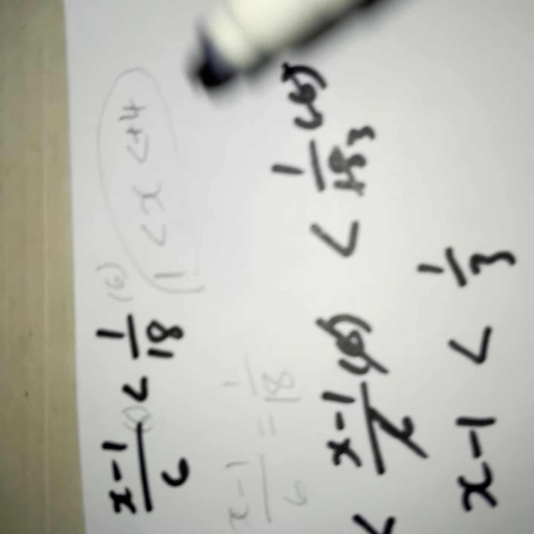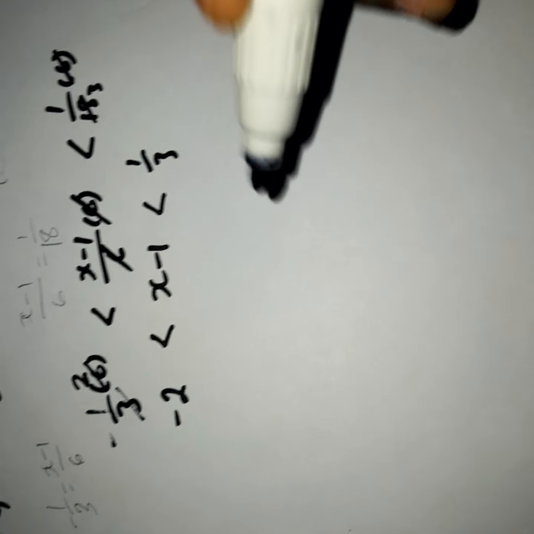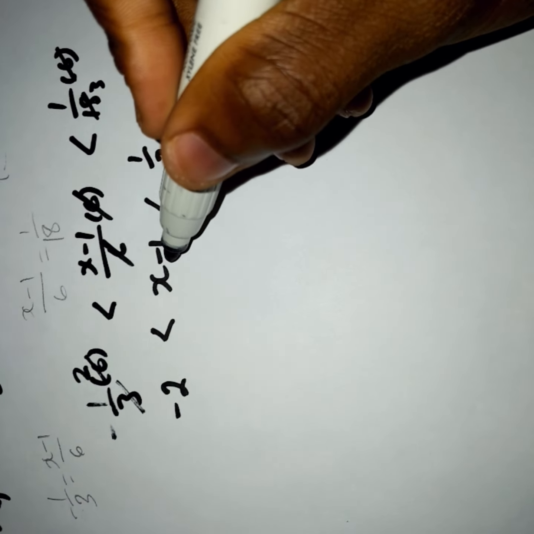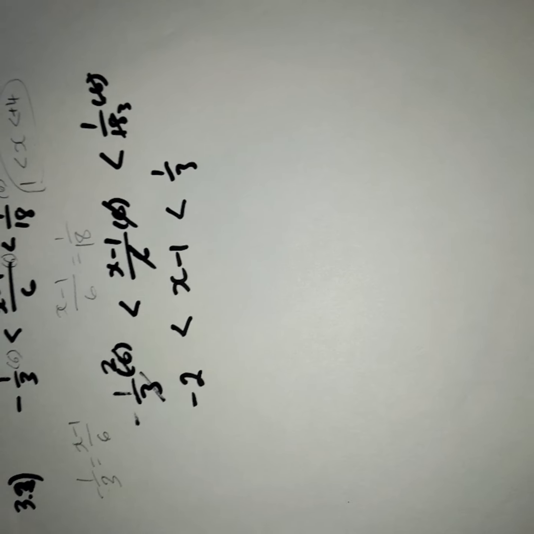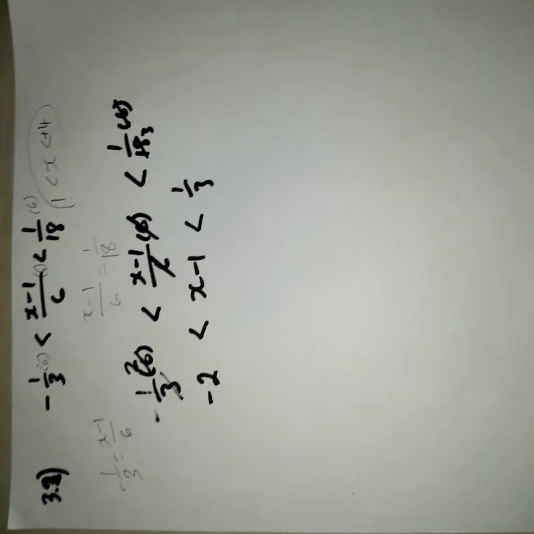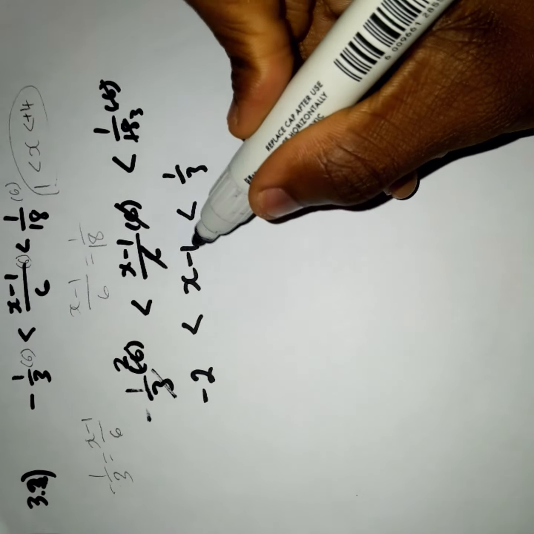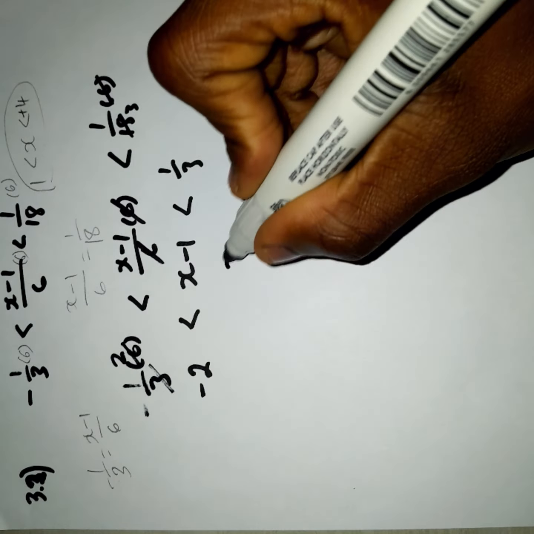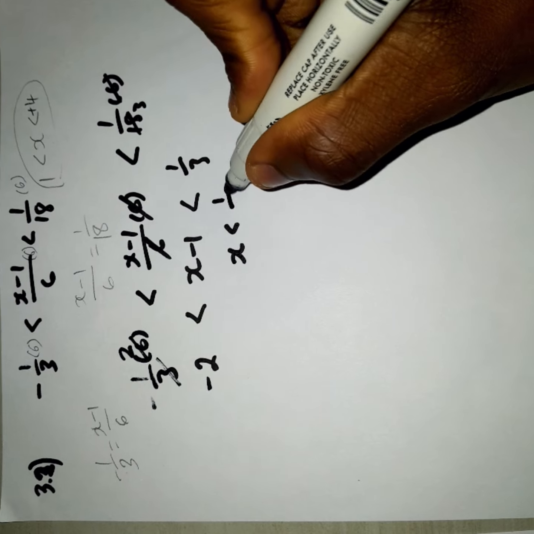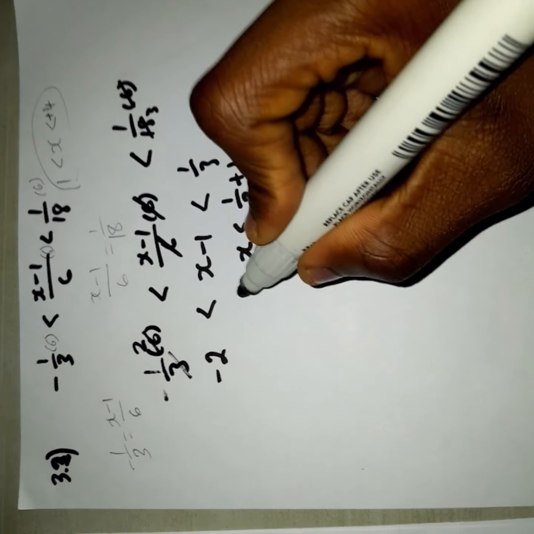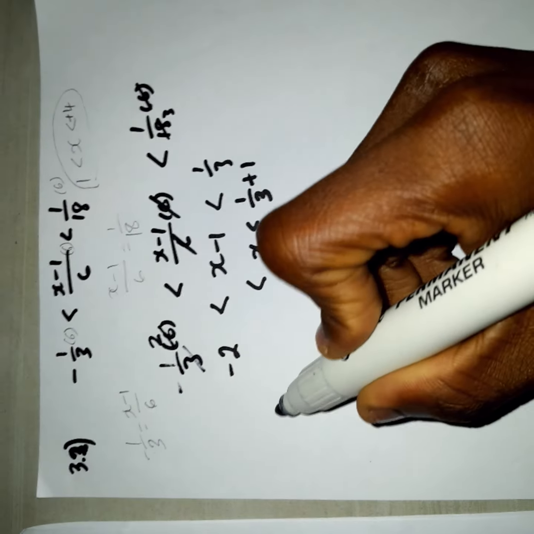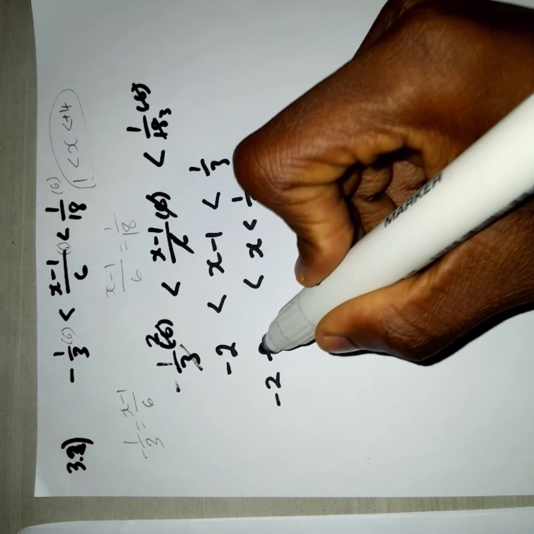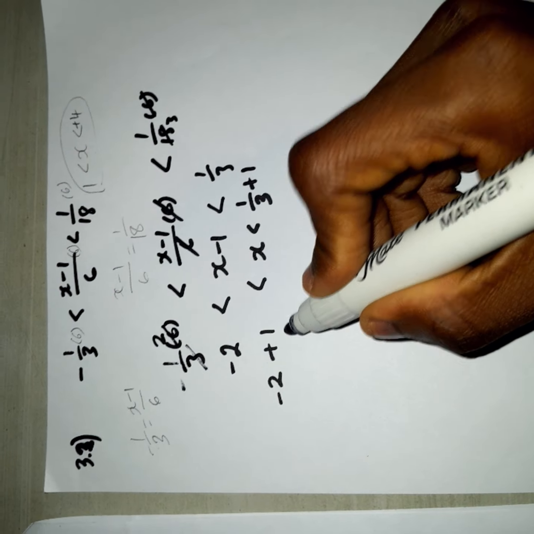So now still it is not in this format here, because x must be the one that is only remaining here in the middle. So now here, what must we do? Remember, you must do this negative 1, when it goes to this other side, it will change the sign. So it will change the sign to be positive 1. Same applies to when it goes to that other side. It must be negative 1 plus 1.